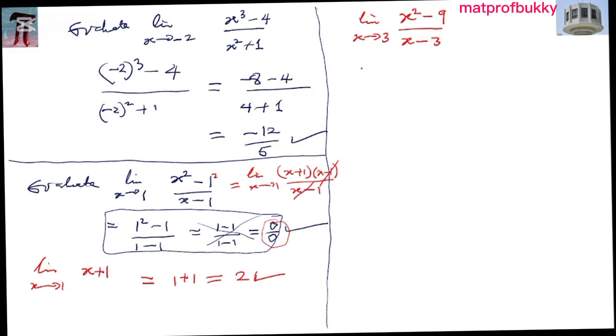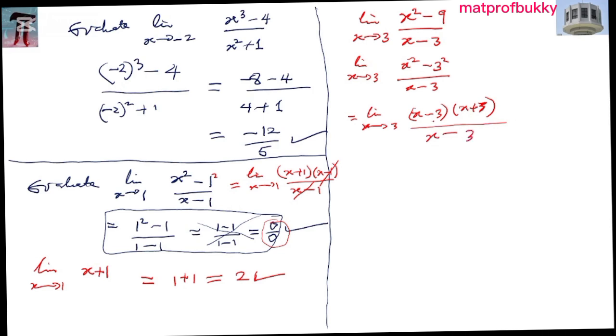So what you can do is expand the numerator, because that's a difference of two squares, x squared minus 3 squared over x minus 3, and that is the limit as x tends to 3 of x minus 3 times x plus 3 over x minus 3, same thing that we have just done in the last example.